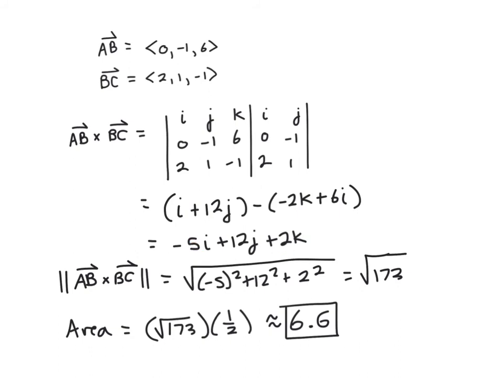Depending on how you named your vectors or which two adjacent sides you chose to use, you might have a slightly different answer here or even here, but by the time you take the magnitude to find the area, you should end up with that same answer. So it doesn't even matter how you set it up. So once you divide that in half, your area should be 6.6 units squared.